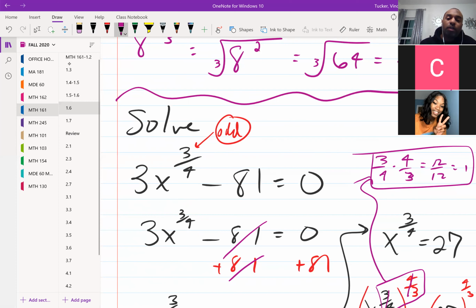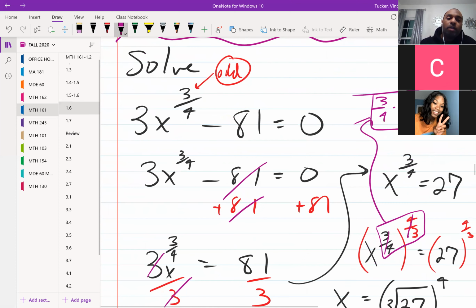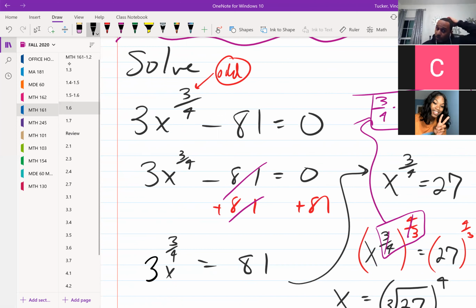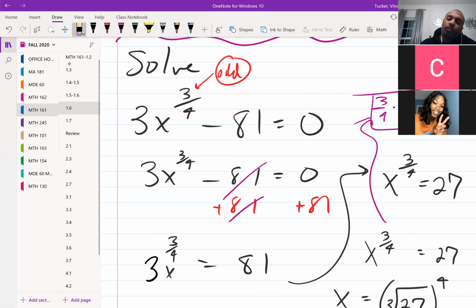81's cancel on the left. And that will leave me with 3x to the 3/4 equal to 81. All right.